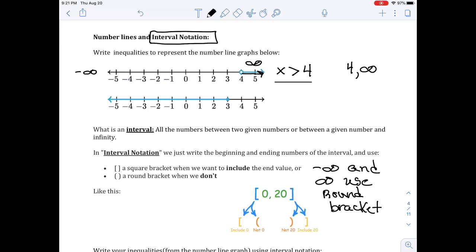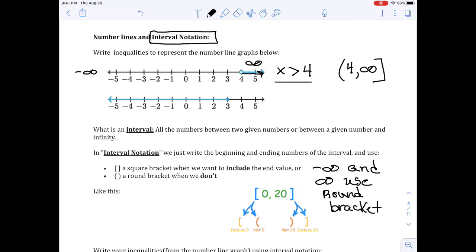So you start at the leftmost part of a graph, and we're looking along the number line, and we see that the first value indicated by the shading is the number 4. And so you see that 4 to infinity is going to be interpreted as 4 with a round bracket and infinity.